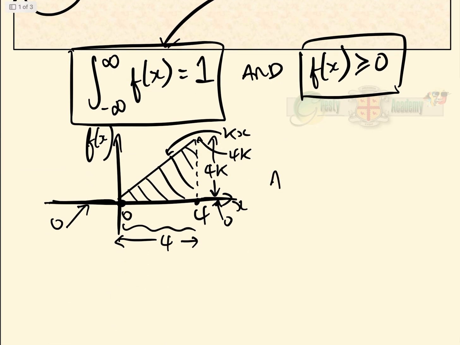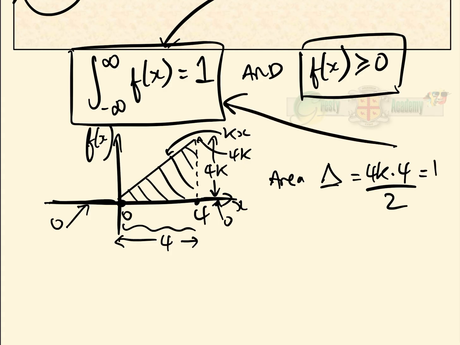We know therefore that the area of our triangle is equal to 4k times 4 over 2, just by the definition of the area of a triangle, and that equals 1 because the area underneath the probability density function, or the integral between infinity and minus infinity, must equal 1. Therefore k is equal to 2/16, which is 1/8. So we can answer this question just by looking at the area of the triangle.